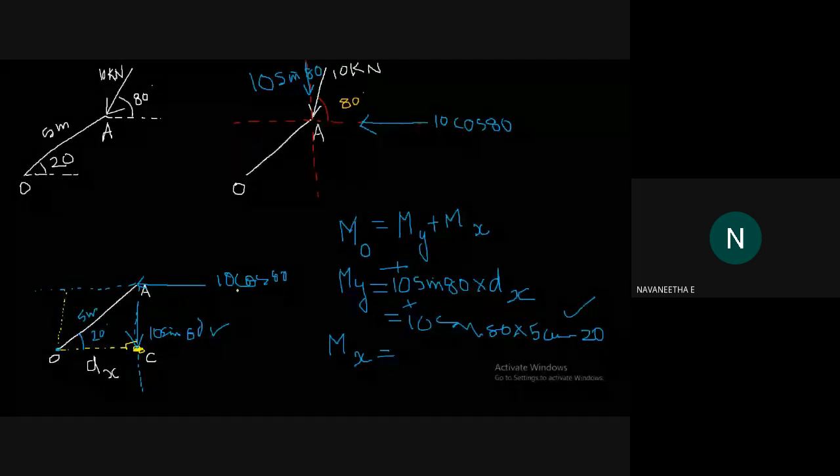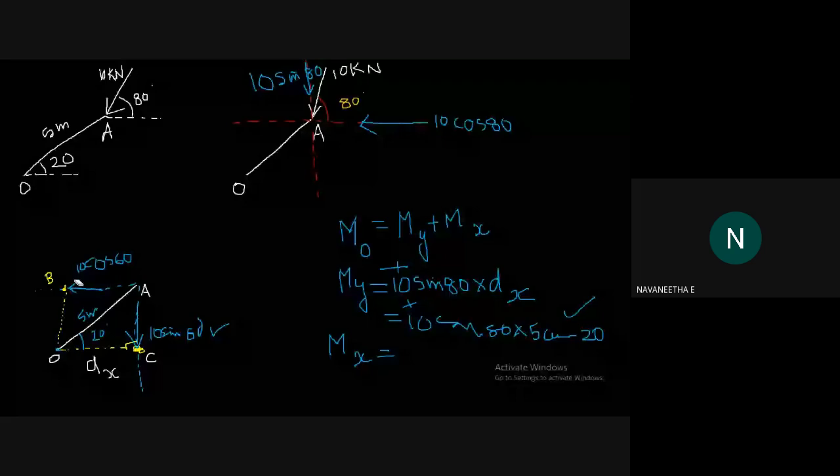So this is the point, we can call it B. Now I am moving the force component 10 cos 60 to the point B. According to the law of transmissibility, we can move any force along its line of action. You can draw the figure separately too.